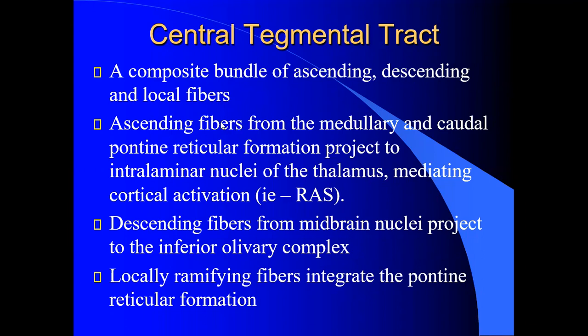The ascending fibers are coming up from the medullary and caudal pontine reticular formation, and they are going to the intralaminar nuclei of the thalamus. Now we're talking about the 4th nucleus that we're dealing with today. The intralaminar nuclei are the activating portion of the thalamus, okay? They are location specific, but not so much modality specific. They are for activating the rest of the brain. So we've been talking about the reticular formation, and I have very carefully avoided the term reticular activating system.